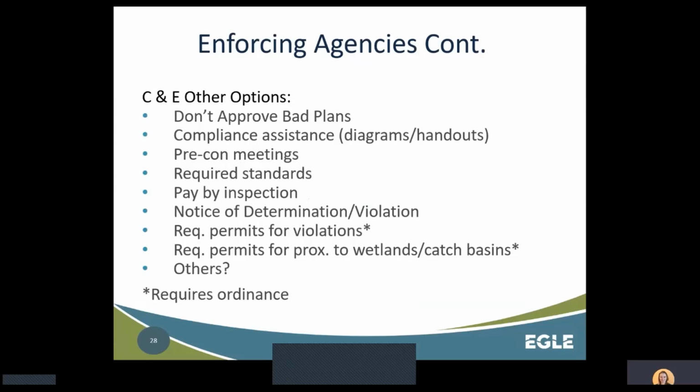Agencies can supply permittees with handouts, checklists, and diagrams to help the permittee with plan development and permit applications. Pay by inspection is when an agency has a difficult site that constantly needs inspection. Anything outside of the 4 inspections can be charged. Another option is to charge the landowner for any technical reviews made for permitting the site.